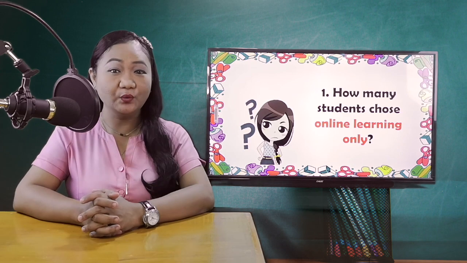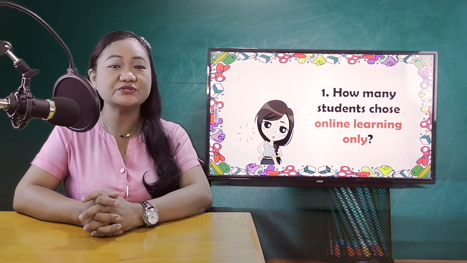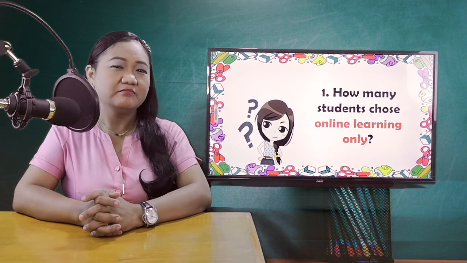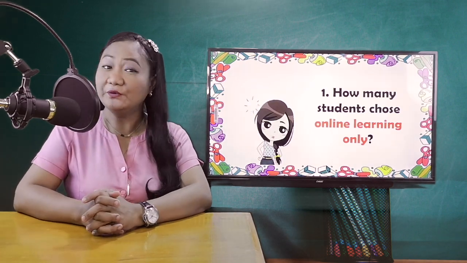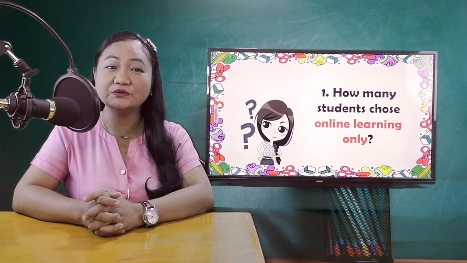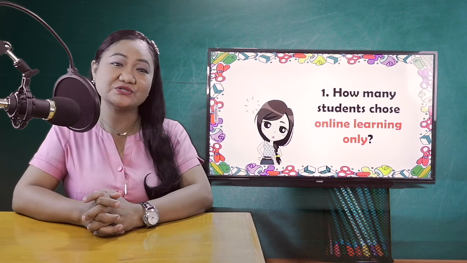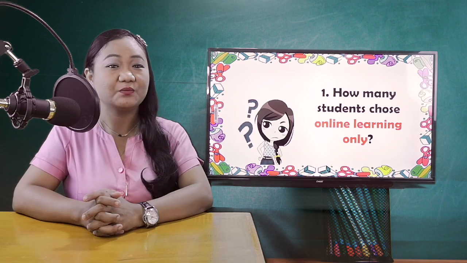In question number 1, it asked about the cardinality of students who chose online learning only. Maybe some of you will answer 10, but that is not correct. Remember, 10 is the total number of students who chose online learning, regardless if that student also chose modular learning.